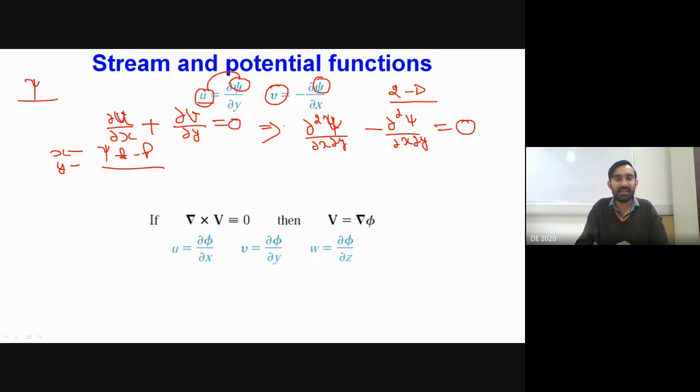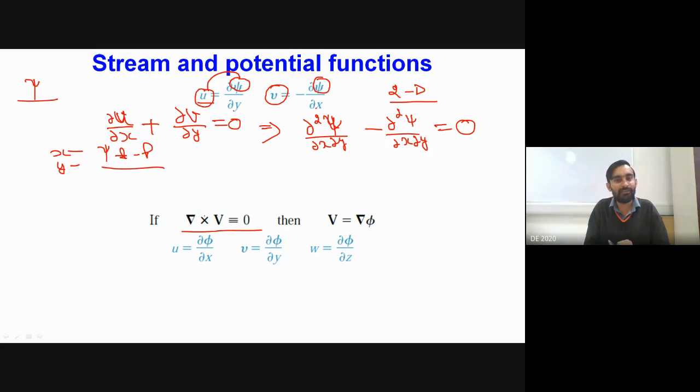function, which is a scalar function, is known as the potential function. Okay, so this particular function basically employs a mathematical condition. We have certain flow situations where the curl of the velocity vector is equal to 0.